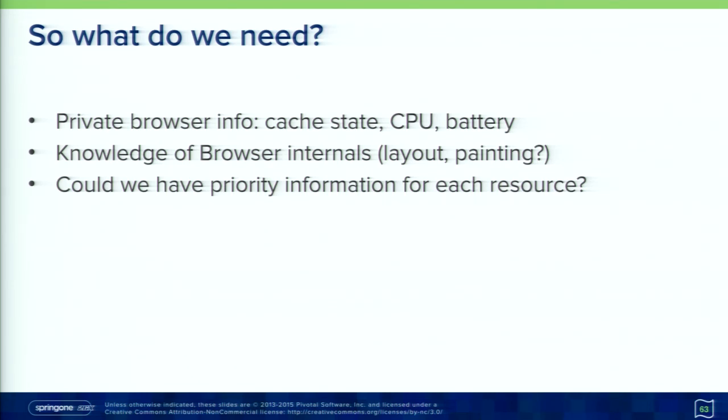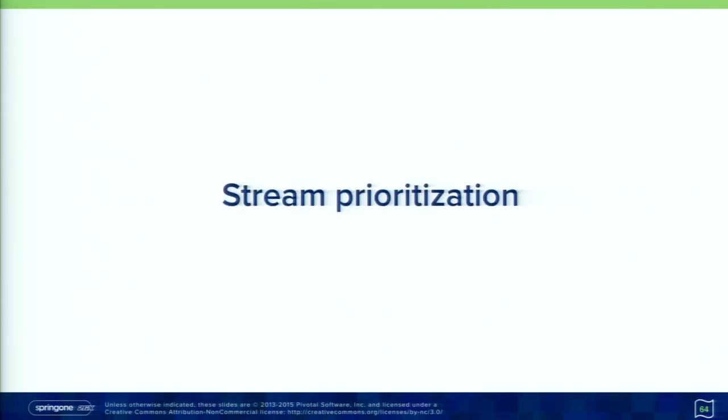So that's really complex. And what would be best is if the client could tell us, I need this resource first and that one after, and this one is way more important than this one. If we had that information, it would be way easier for us to deal with this. And it's actually called stream prioritization, and it's also in HTTP2. I'll explain that.